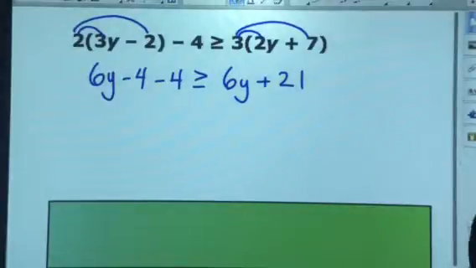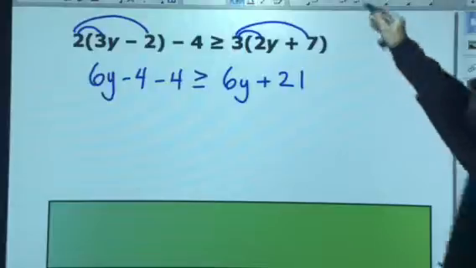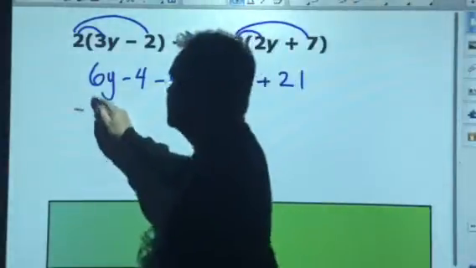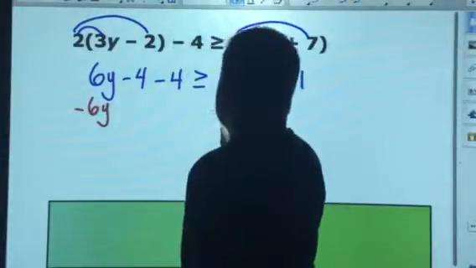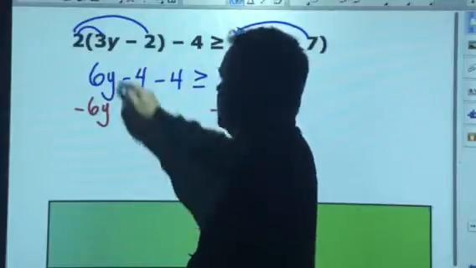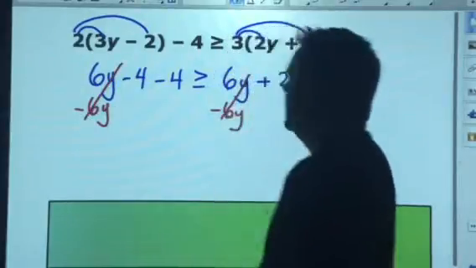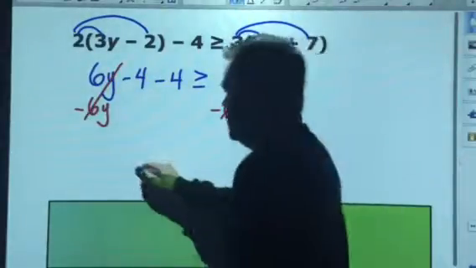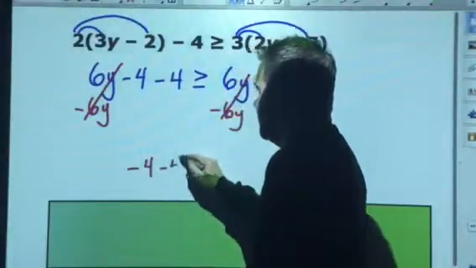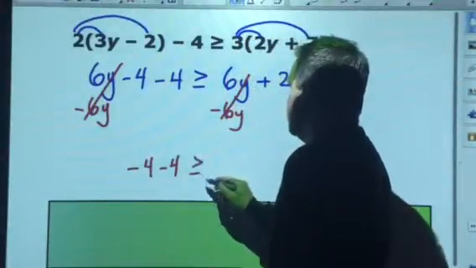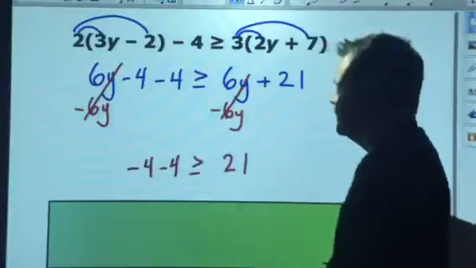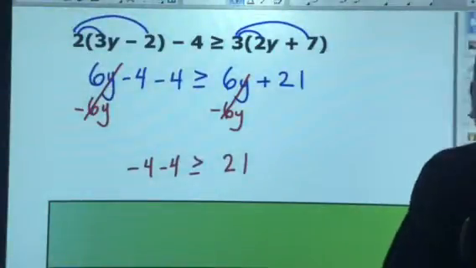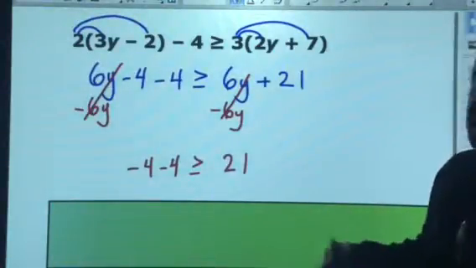Okay, one thing that you should look ahead, you should notice that the y's will cancel out. Okay, if I subtract 6y here and subtract 6y here, these will cancel out. Okay, so I'm left with -4 minus 4. Is that greater than or equal to 21? Okay, in your head you probably already have the answer.